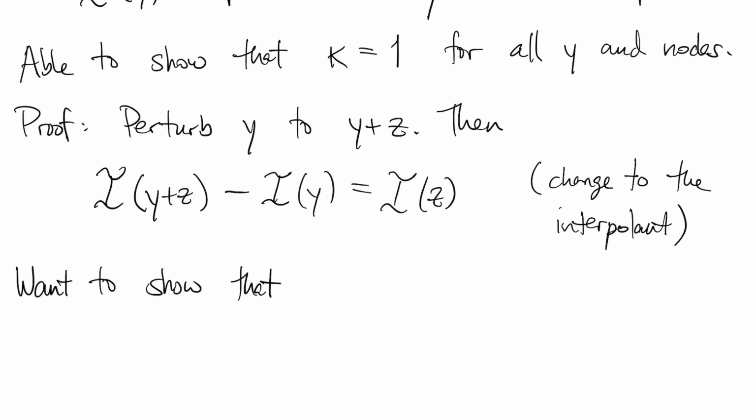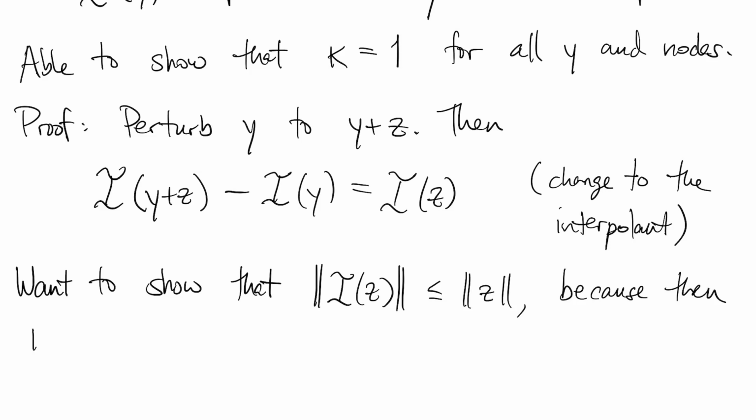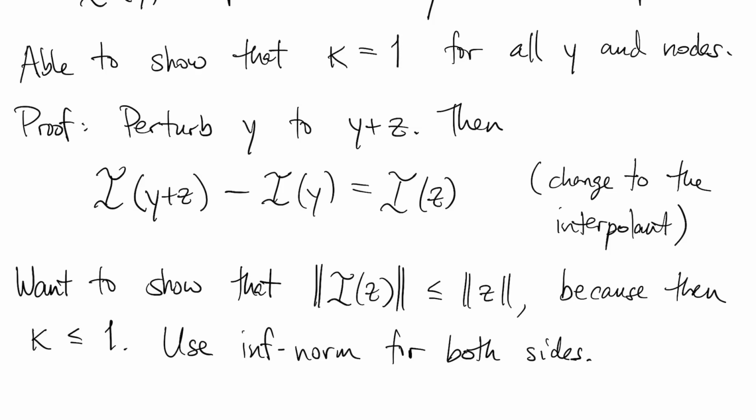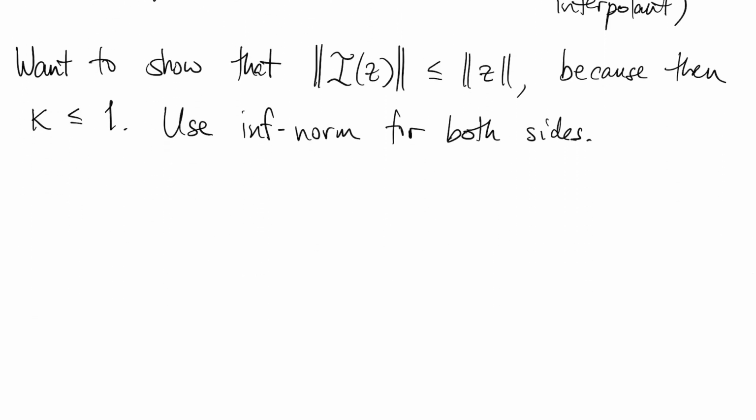So if we can show that the norm of I of z is less than or equal to the norm of z, then the condition number, which is the ratio of the two norms, must be less than or equal to 1. Showing the opposite case that it's greater than or equal to 1 is much easier, and I won't put it here. We'll use the infinity norm both on the function I of z and on the data vector z.